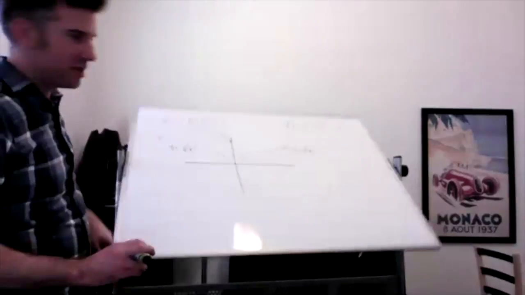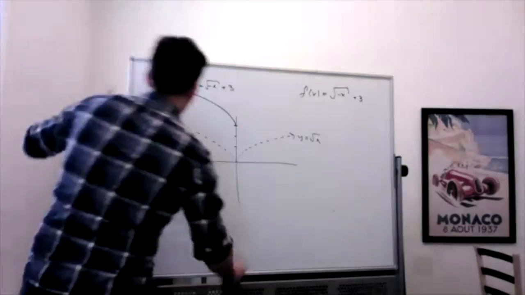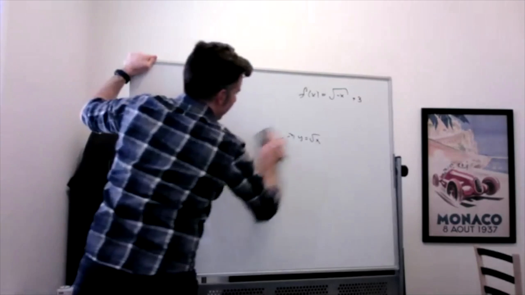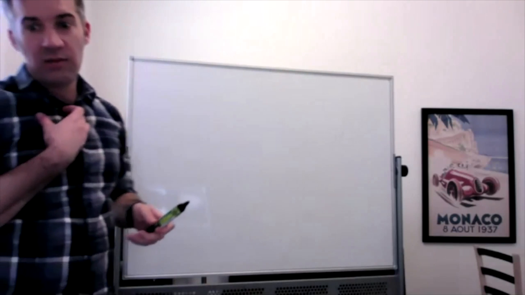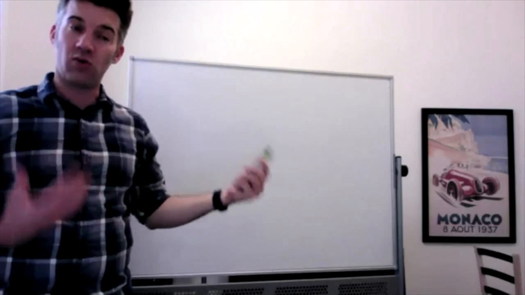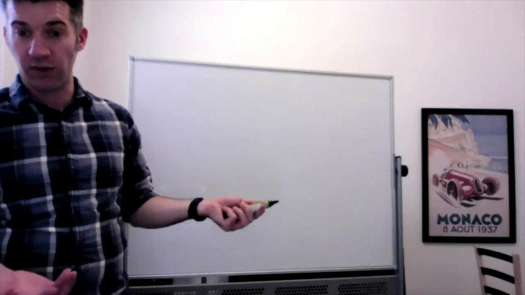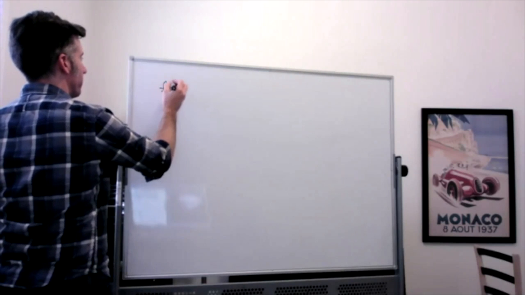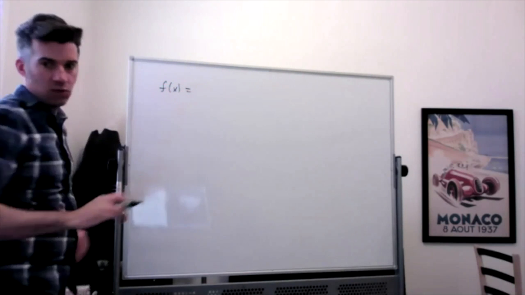If you look at the notes, I think there's something that someone wrote about it that's not quite correct. It kind of depends. They wrote that you should do any flipping before you do any shifting. And while that's not wrong, I think it's easier to do all your horizontal things before you do any of your vertical things. So for example, if I wanted to graph, say, f of x equal to, what have I got here?